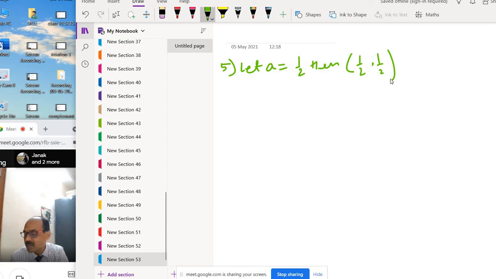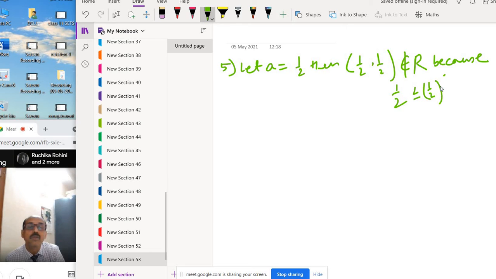So (1 by 2, 1 by 2) does not belong to R, because the condition is 1 by 2 less than or equal to 1 by 2 whole cube.